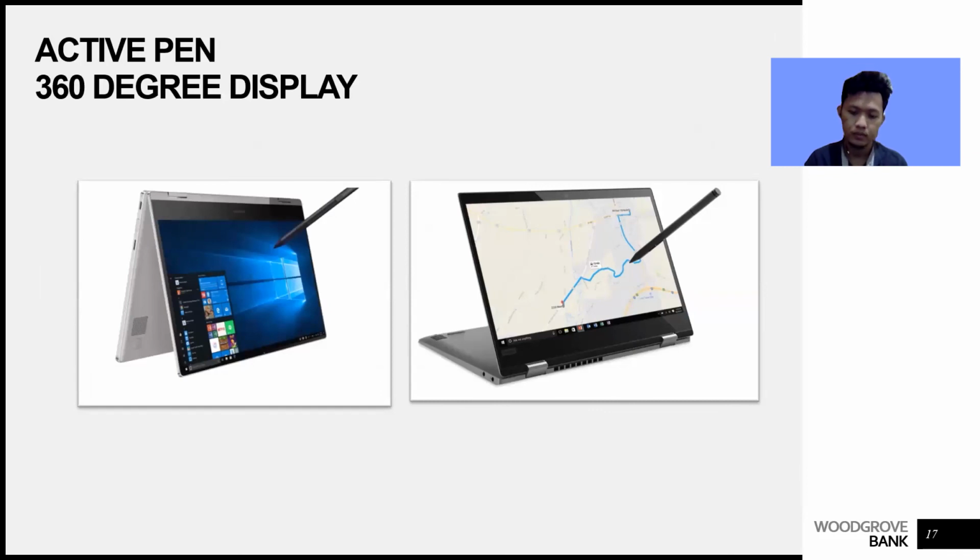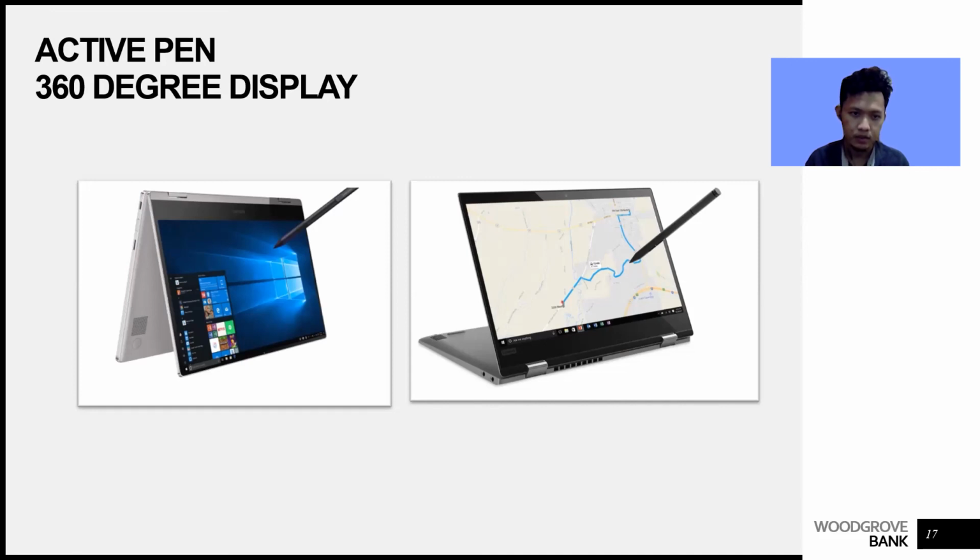Next, we can see that these two devices have an active pen, a stylus for writing or drawing on the screen because it's a touchscreen. And these two devices can also rotate the display 316 degrees, as you can see.